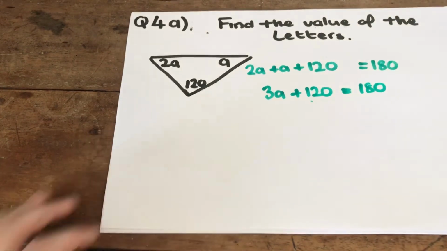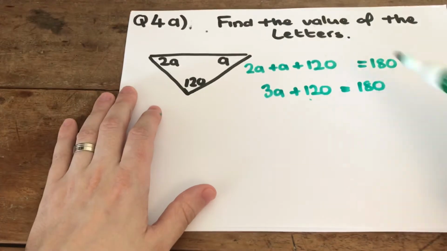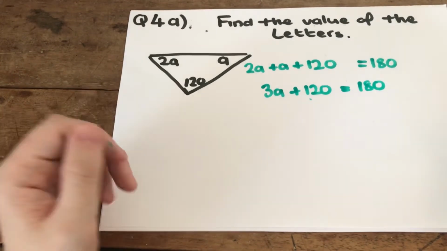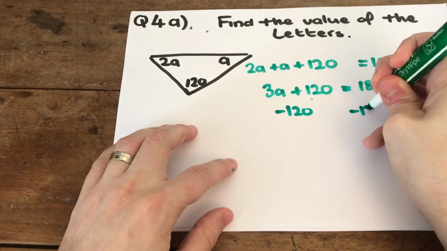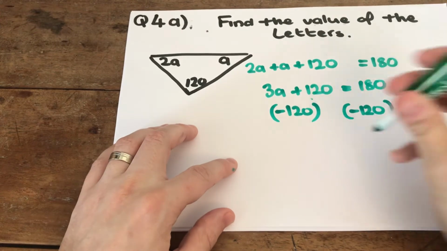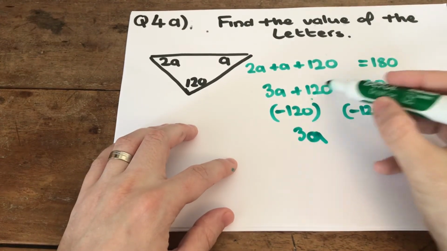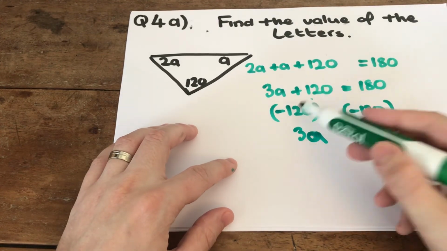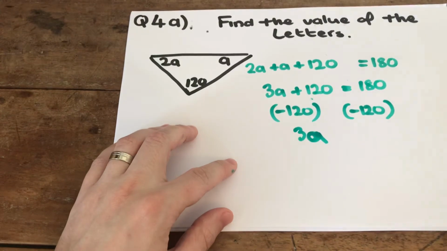And what we do is we solve this as an equation because that's what it is. So we look at the plus 120. The opposite of adding 120 is taking away 120. So we subtract 120 from both sides. When we do that, the 120 cancels out because 120 take away 120 gives us 0, and we get left with 3a.